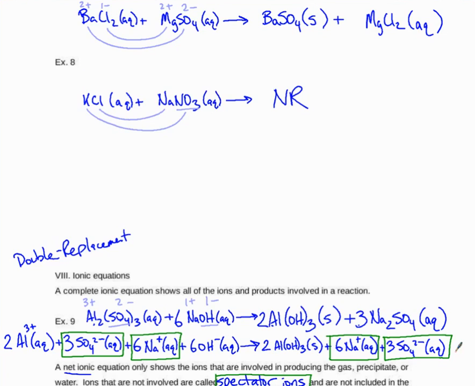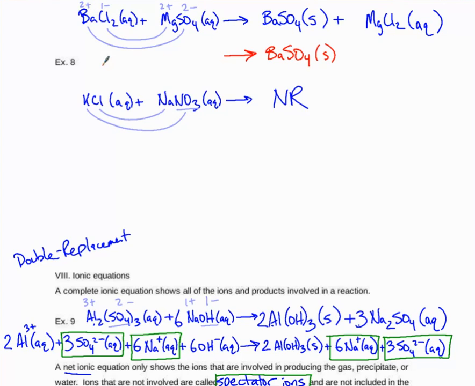So here's what happened. In this reaction, barium chloride plus magnesium sulfate, we produced a solid barium sulfate. All I want to know is what made this. There were two things.